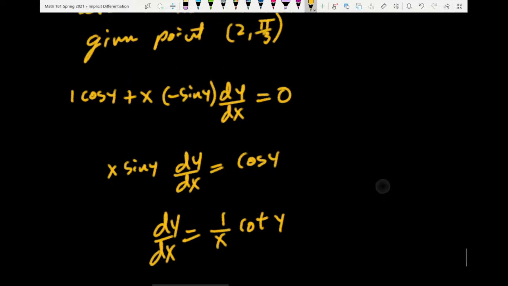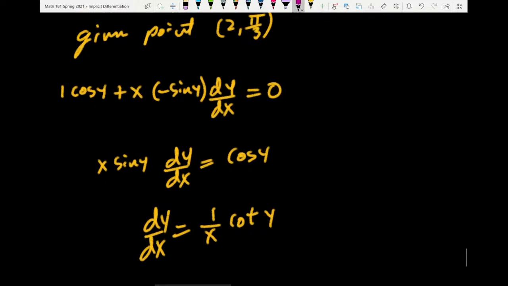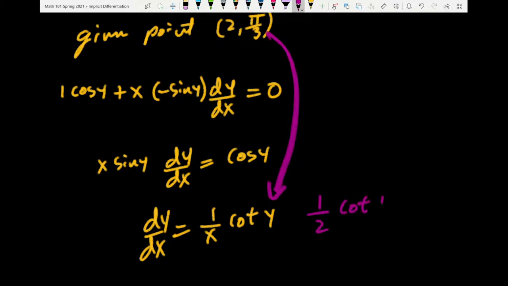All right, now we just plug that point in. So I get 1 over 2 and cotangent of pi over 3. You could use the calculator, you could use the table. Pi over 3 is 60 degrees.